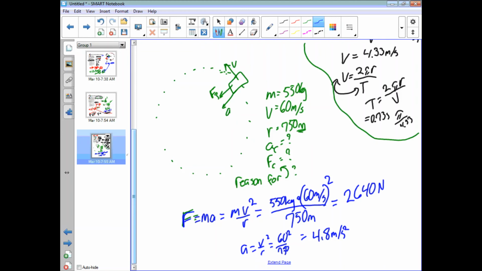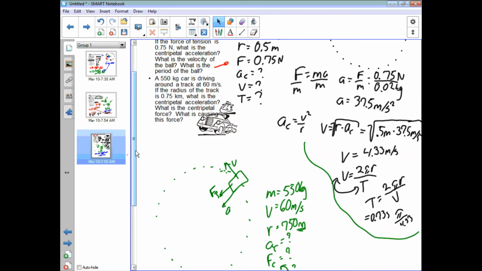And then the final question was, what is the reason? What is causing this force? So I have this image here. This force is going inwards, but maybe you can't really tell. This is supposed to be F sub question mark, as in what is the reason for that force. And here's my acceleration.